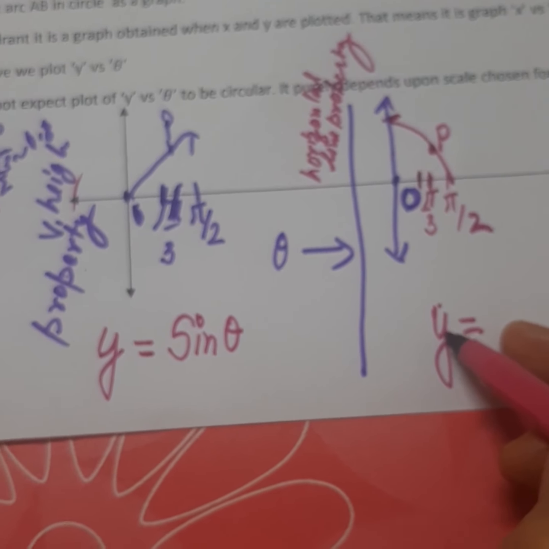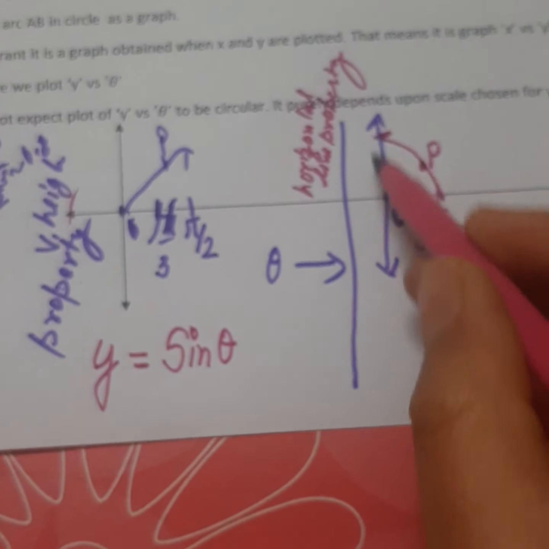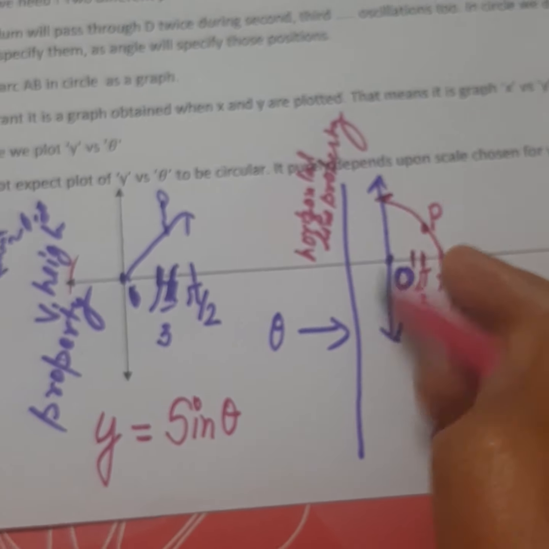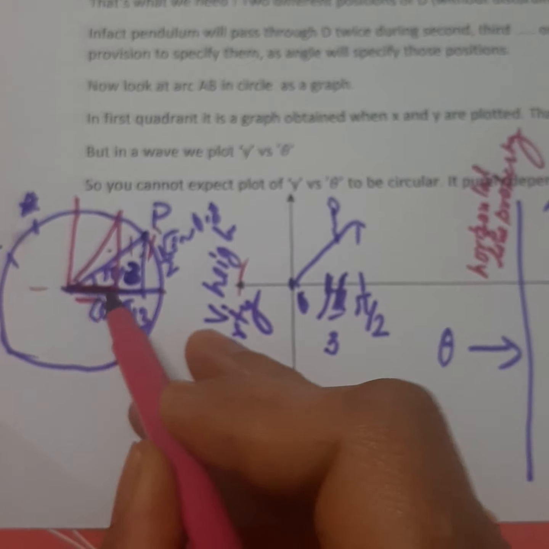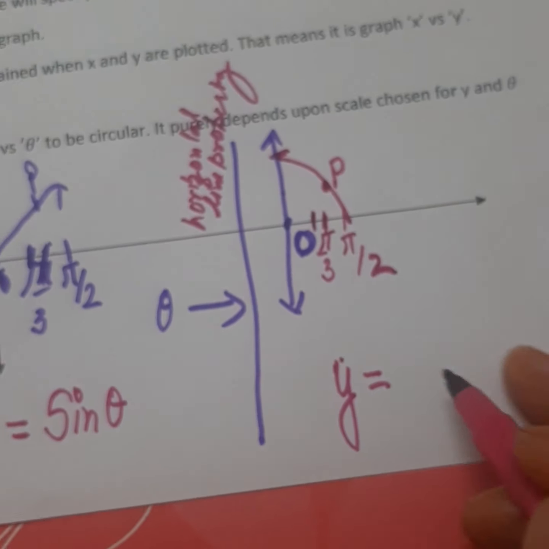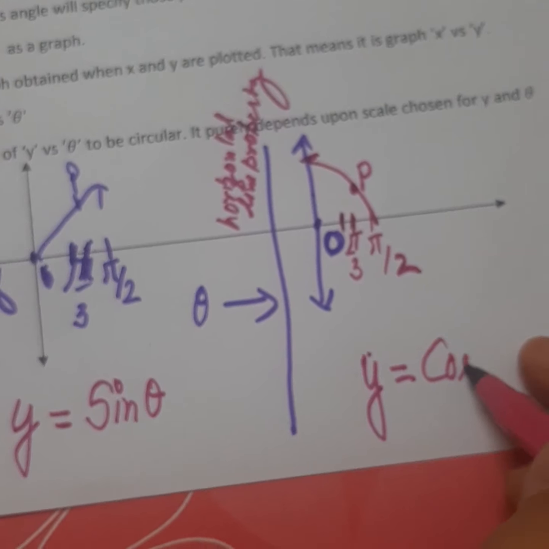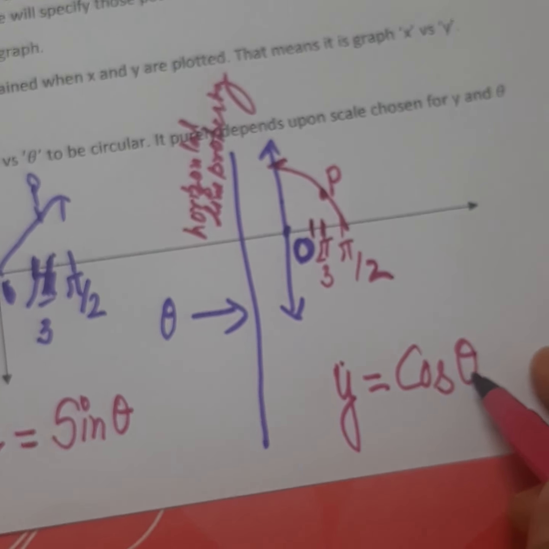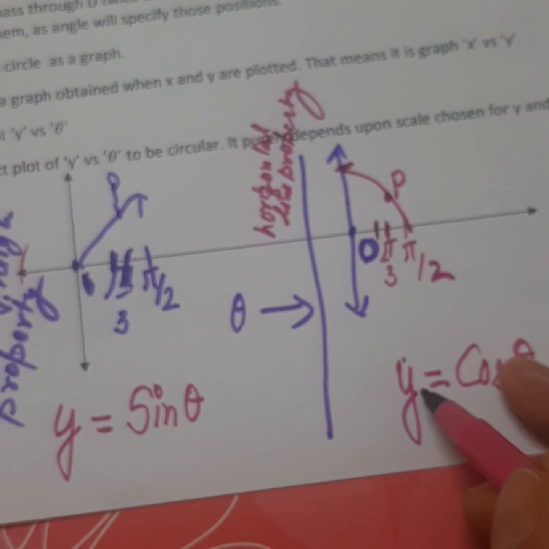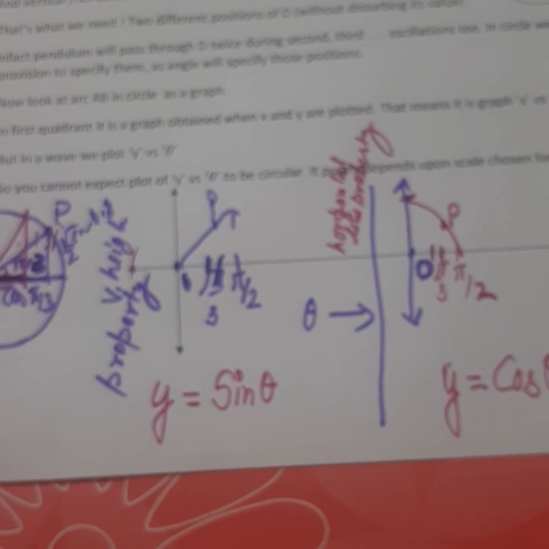This y and this y are different. This is the y axis, and on the y axis we are representing the horizontal distance of the different points of the wave. So for point P, the horizontal distance was cos pi by 3, and the horizontal distance is represented by cos of this. So as theta changes, cos theta will change, and we'll get different positions for the different points on the wave. I suppose I'm clear.